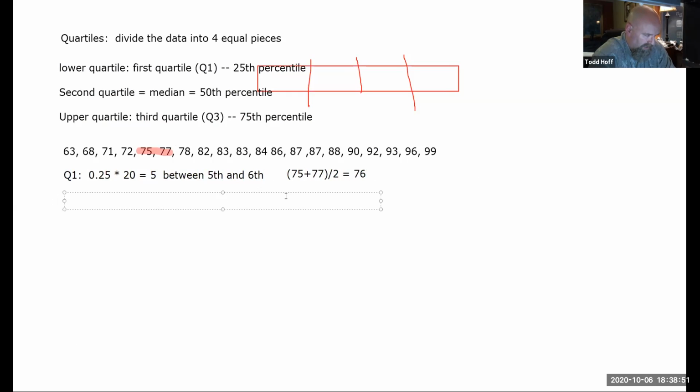For the second quartile, or the median, it's 0.5 times 20 equals 10. So that means it's between the 10th and 11th numbers in the list.